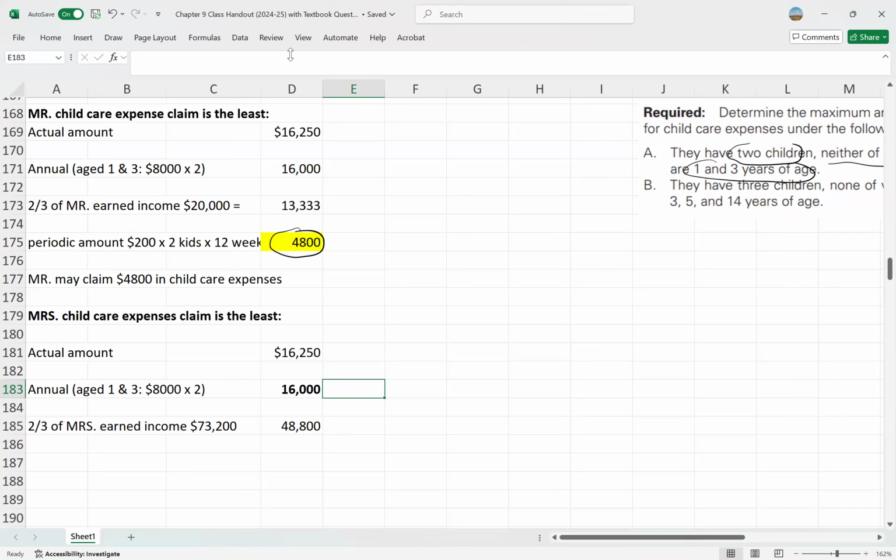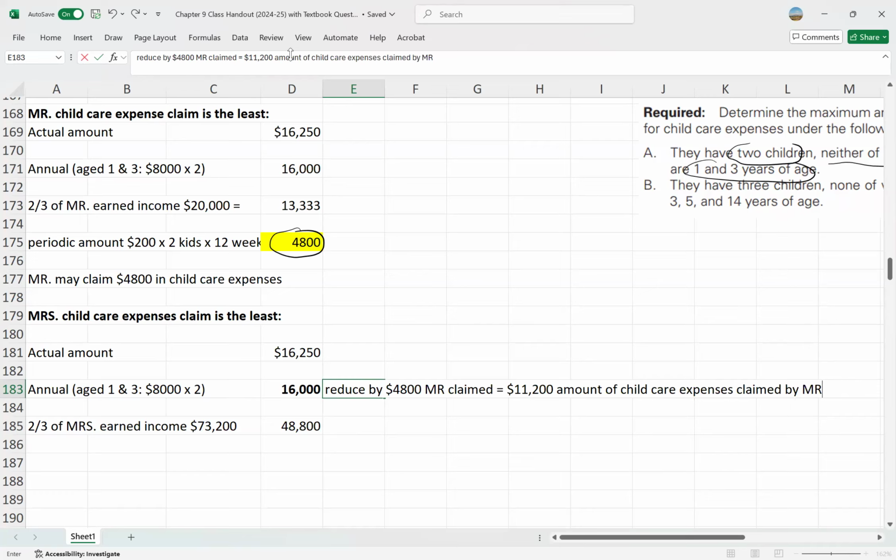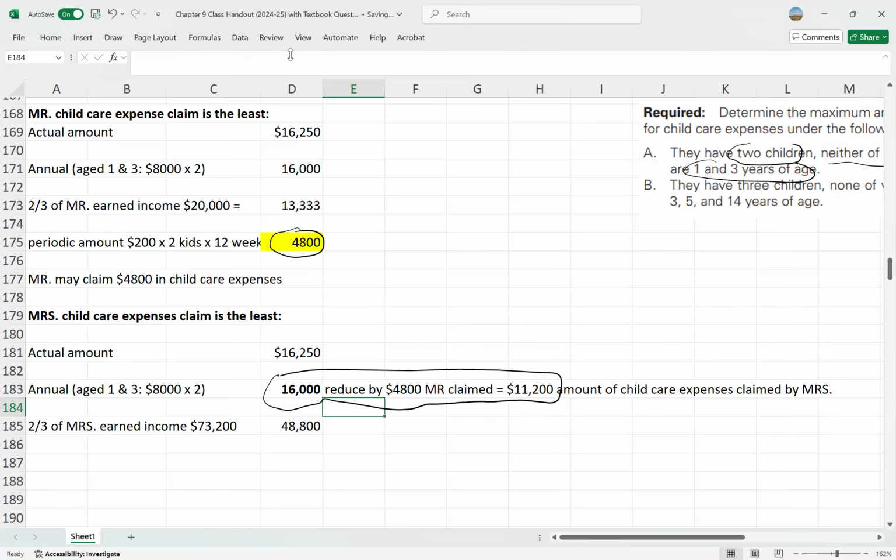So the lowest amount is 16,000, and we're going to reduce by the 4,800 that Mr. claimed. And so her claim is going to be $11,200. This will be the amount of child care expenses claimed by Mrs. Moreno. So we figure out the least of the three amounts, but that has to be reduced by how much he already claimed, which is 4,800. And so she can claim 11,200.